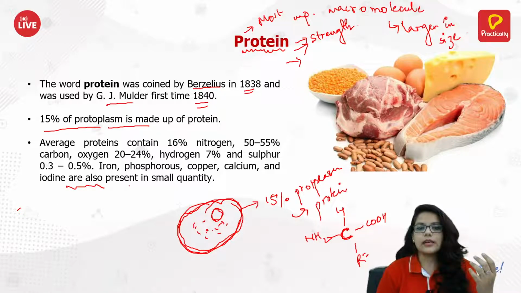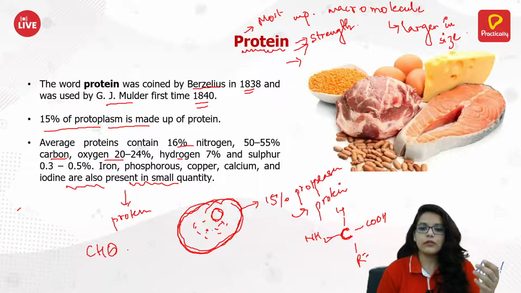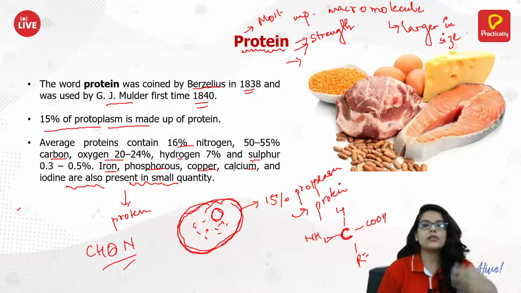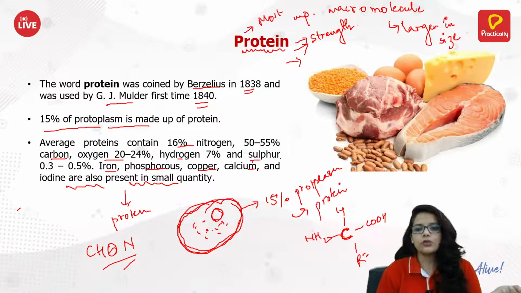A lot of things are present in small quantities in a protein. Carbon, hydrogen and oxygen will always be there, and even nitrogen in the case of protein. Apart from that, there will be some minerals like sulfur, iron, phosphorus, copper and calcium. These are also there in very minor quantities.